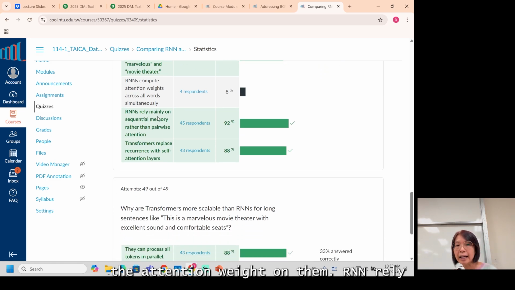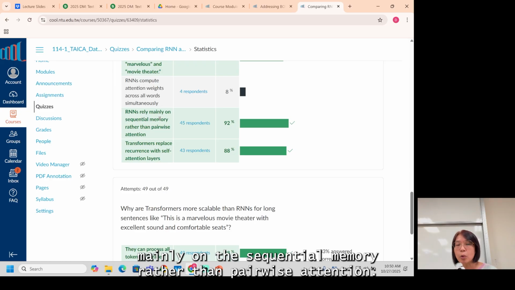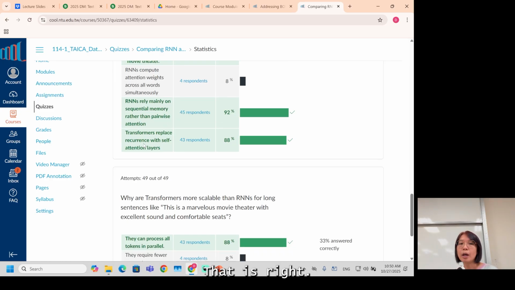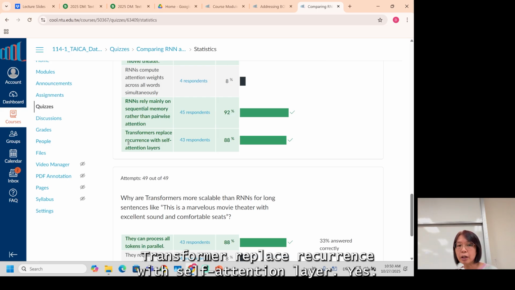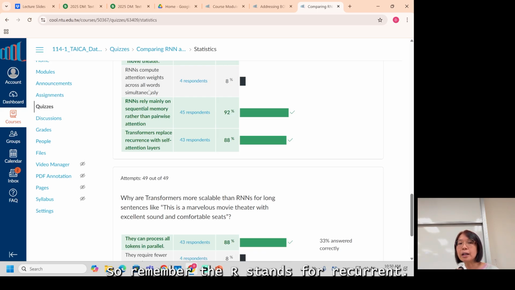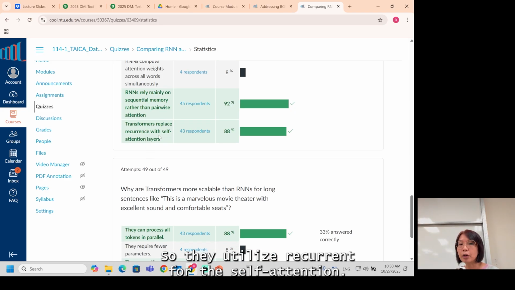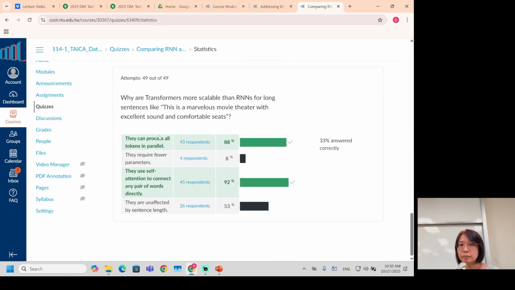RNN relies mainly on sequential memory rather than pairwise attention. That is right. Transformer replaces recurrence with self-attention layers. Yes. So remember the R stands for recurrence. So they replace recurrence with self-attention.